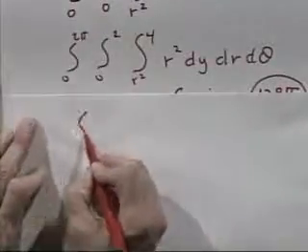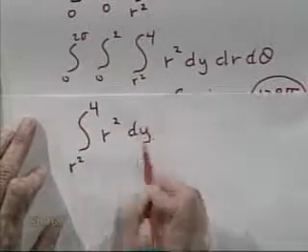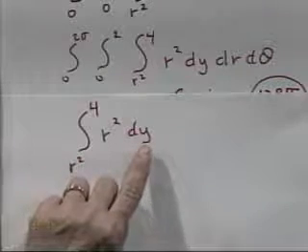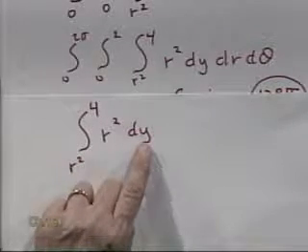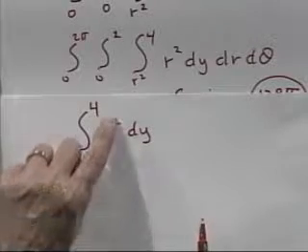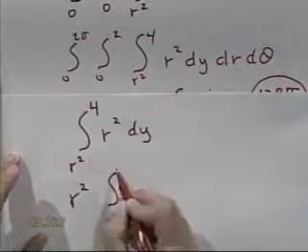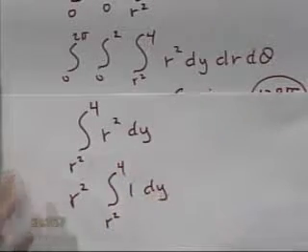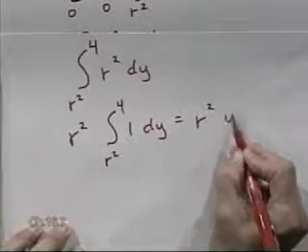Sure. We're doing the integral from r squared to 4 of r squared dy. Since we're integrating with respect to y, r squared is a constant, so I can factor out the r squared. So the integral of 1 dy is y.